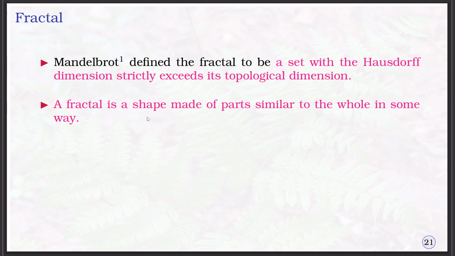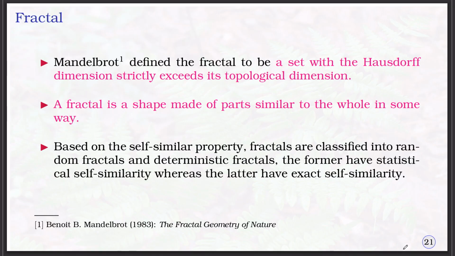So, a shape made of parts similar to the whole in some way. Here, this 'some way' is a keynote. Based on this, the shape of the part is similar to the whole in some way.